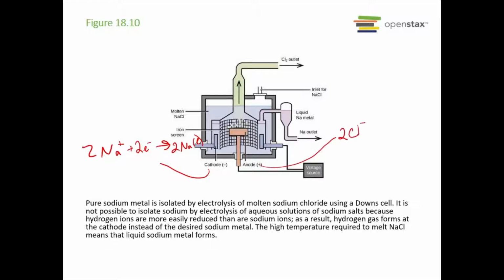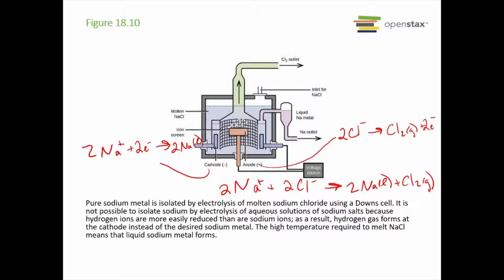We have our two chlorides combining to form chlorine gas. And so overall, we get 2 Na+ plus 2 Cl- giving us 2 Na and Cl2. The schematic here is that of a Downs cell.